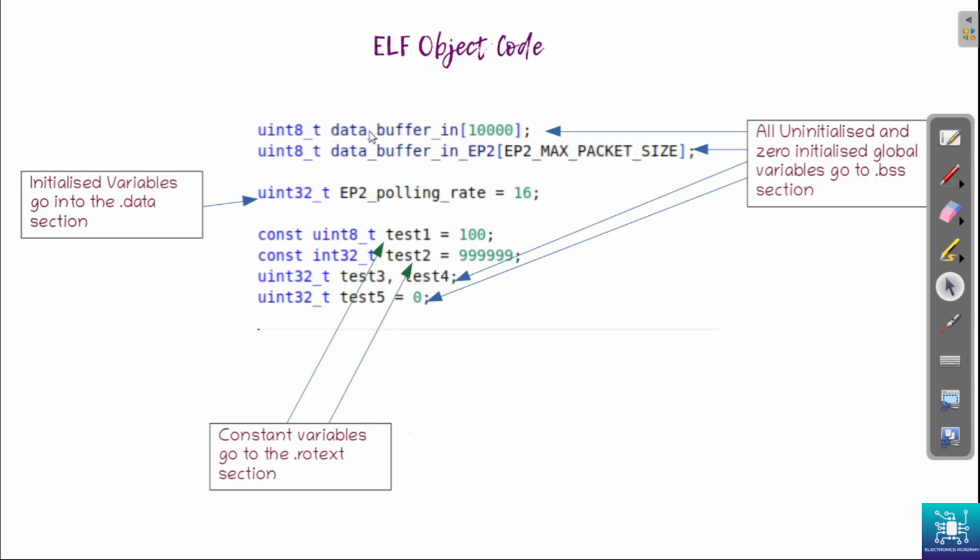So if you have data, say you are declaring an array of characters, 8-bit values, and say you have 10,000 elements in that, and then you are declaring another array. Probably this is an array of maybe some other data structures.